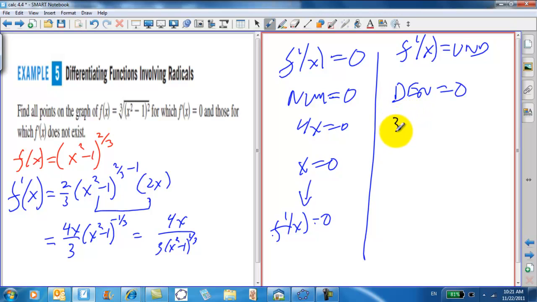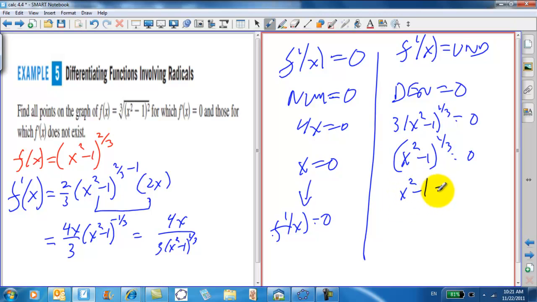So we take 3 times (x squared minus 1) to the 1/3 equal to 0. Divide by 3. Raise both sides to the third. You get x squared minus 1 equals 0, so x squared equals 1. So x equals plus or minus 1. At x equals plus or minus 1, the derivative is undefined.